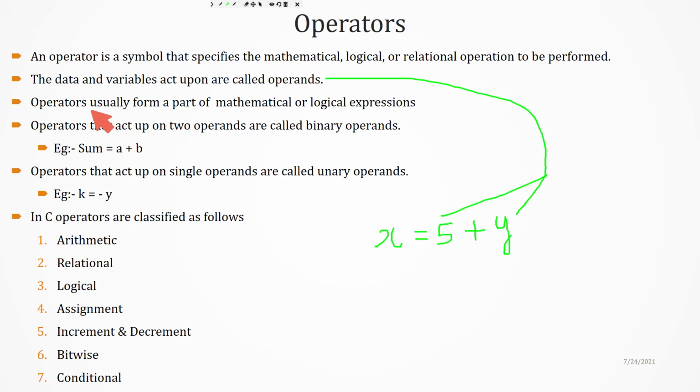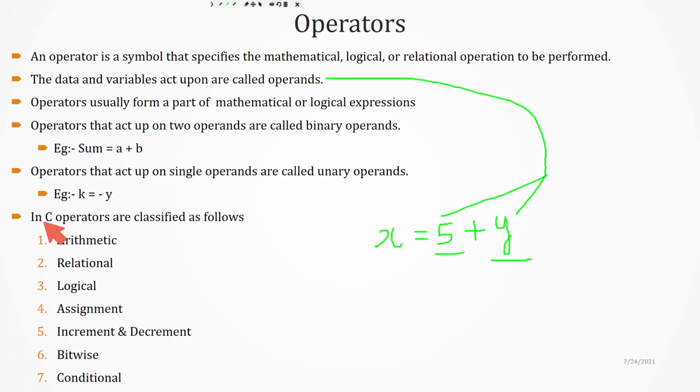As already told, the data and variables acted upon are called operands. Here 5 is data, y is a variable. So this point is clear now. Equal to is also an operator because the value of 5 plus y will be stored in x. It is called the assignment operator.